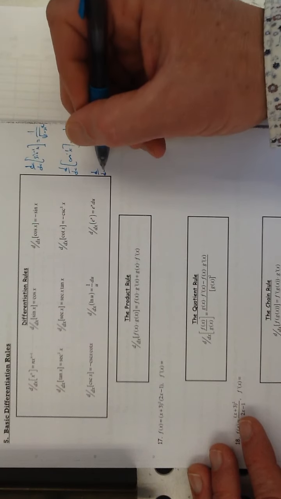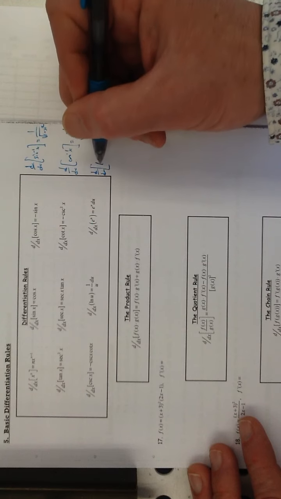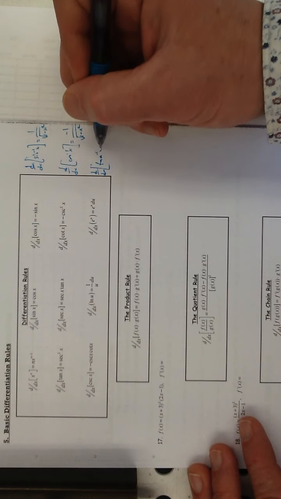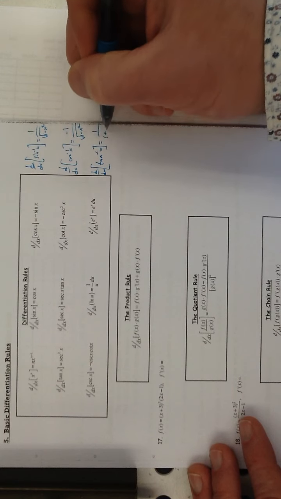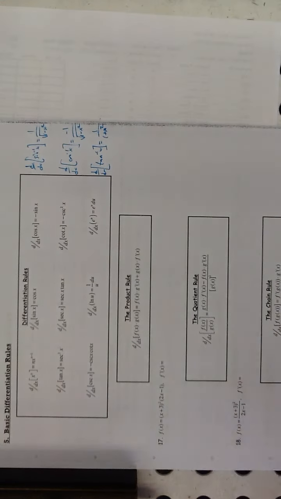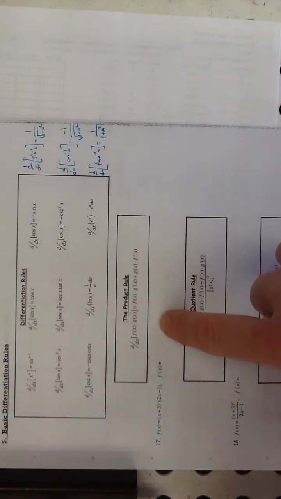And the College Board's very favorite thing, tangent inverse. So you can add those there if you haven't already. There's the product rule. Let's try it.